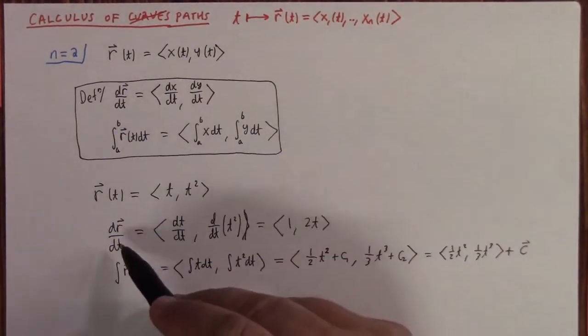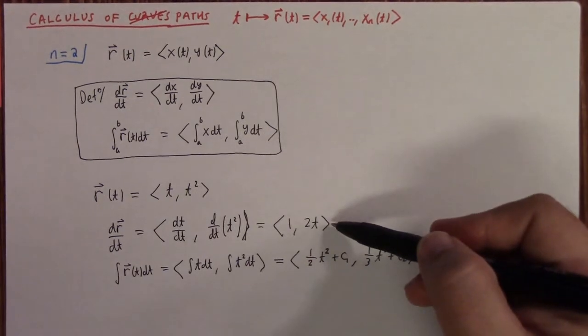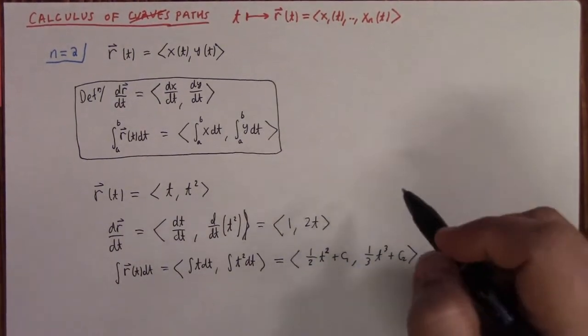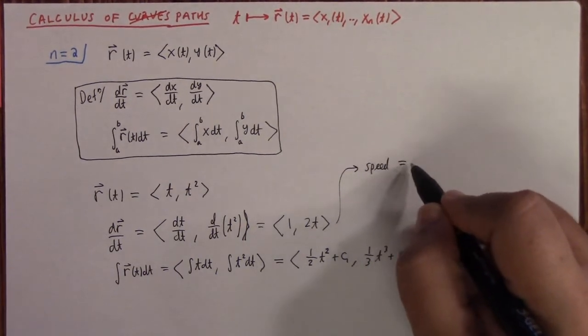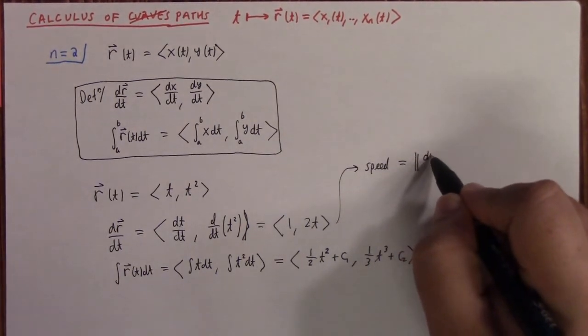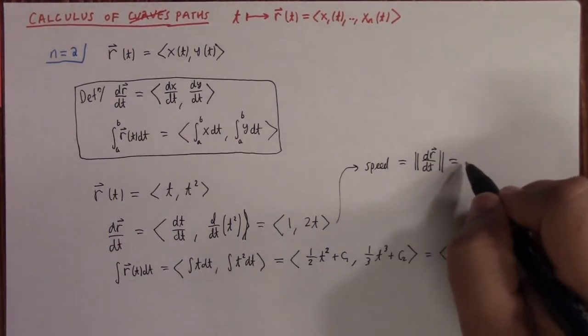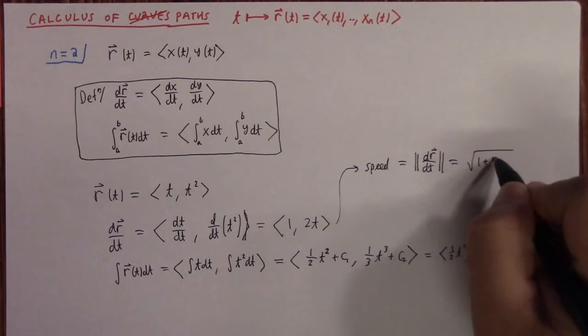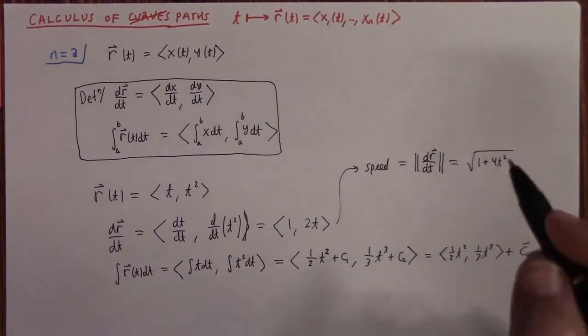Like already, if this is the position of a particle at time t, this is the velocity of the particle at time t. Speed is the magnitude of the velocity. So like the speed of this particle would be the square root of 1 plus 4t squared, for what it's worth. But anyway, we'll talk more about that later.